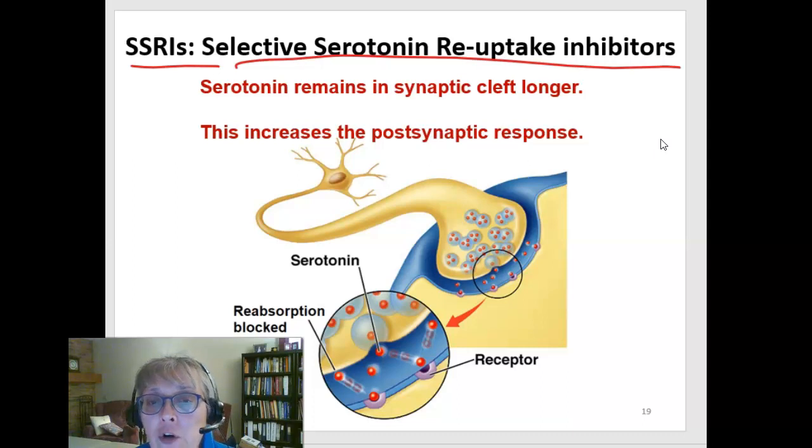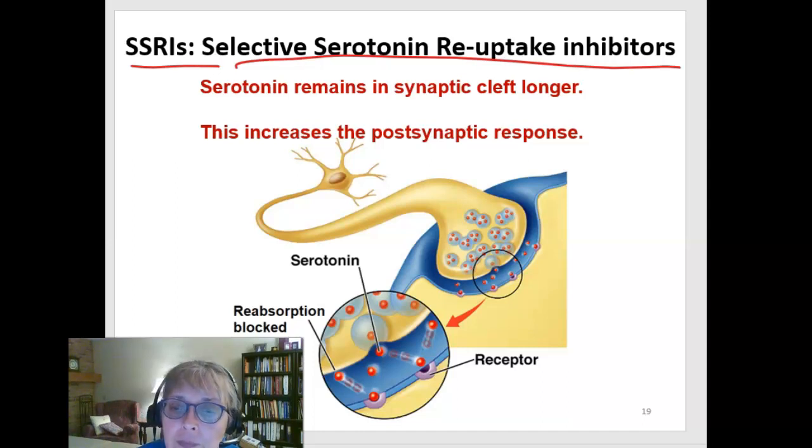This will increase the response of the postsynaptic cell. So this is often used in the treatment of depression. It can also be used in the treatment of Parkinson's disease. There's a number of things that these SSRIs, or at least reuptake inhibitors, can be used for.